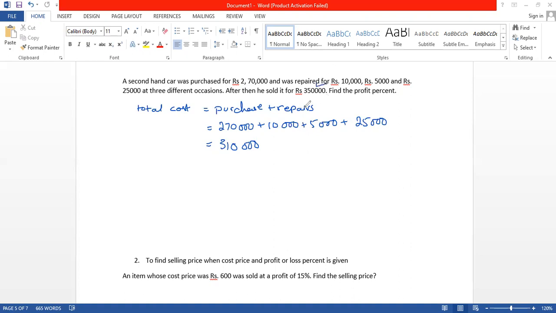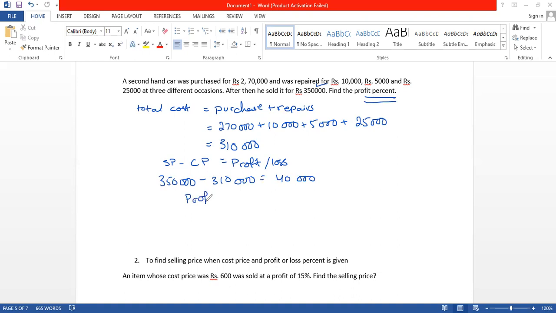And then you sold it for 350,000. So again, selling price minus your cost price gives the profit or loss. The selling price over here is 350,000 minus the cost price of 310,000. So you made a profit of 40,000 and you need to convert it into a percentage as well.